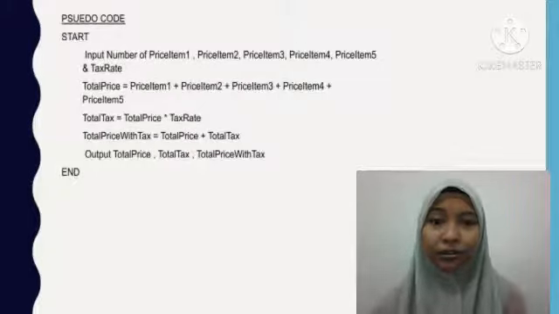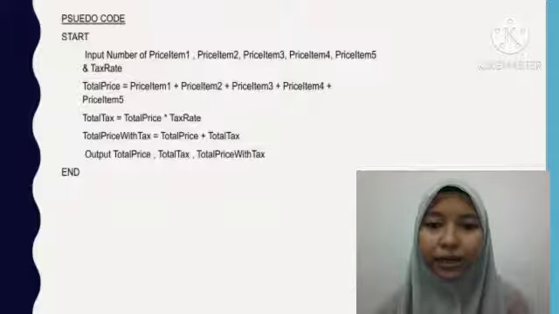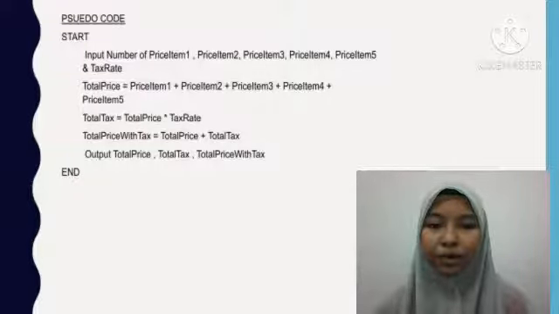This is the pseudocode for this question. First, start. Input price item 1, price item 2, price item 3, price item 4, price item 5, and tax rate. And then total price equals price item 1 plus price item 2 plus price item 3 plus price item 4 plus price item 5.